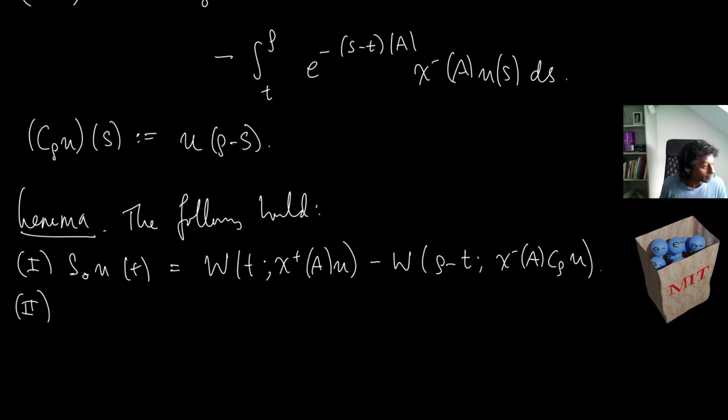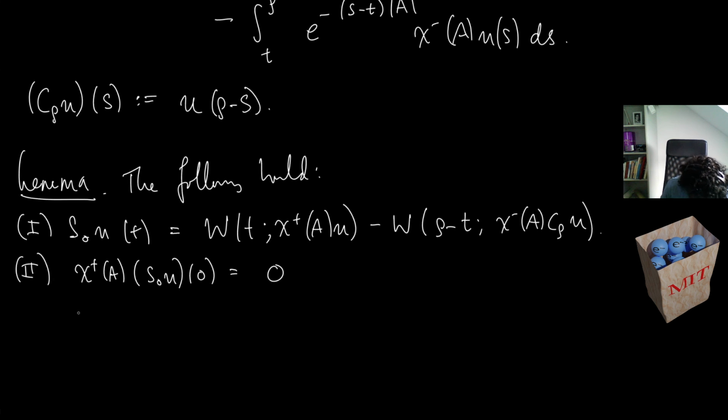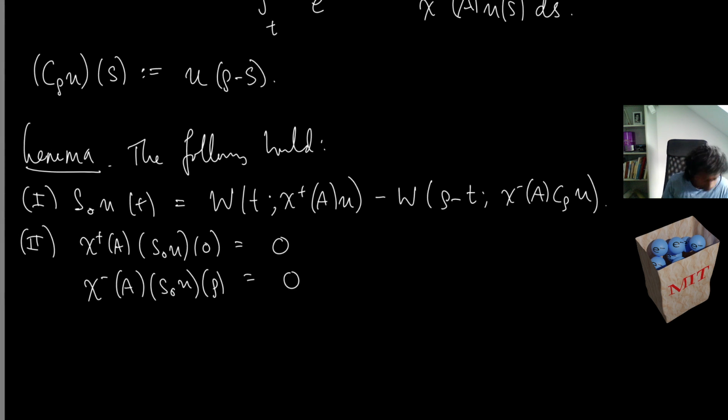The second thing: chi plus of A of S naught of u at 0 is equal to 0, and chi minus of A S naught of u at rho equals 0. This is by design, in fact.